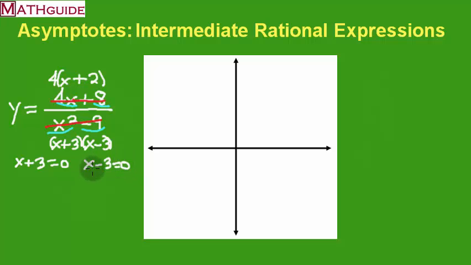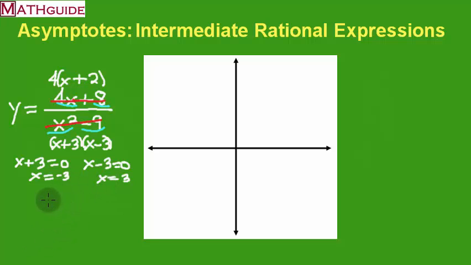Okay, so let's see. If we were to set those equal to 0, now we solve. So we subtract 3 from both sides, we get a negative 3. Add 3 to both sides, we get a positive 3. Okay, we got 2 there.